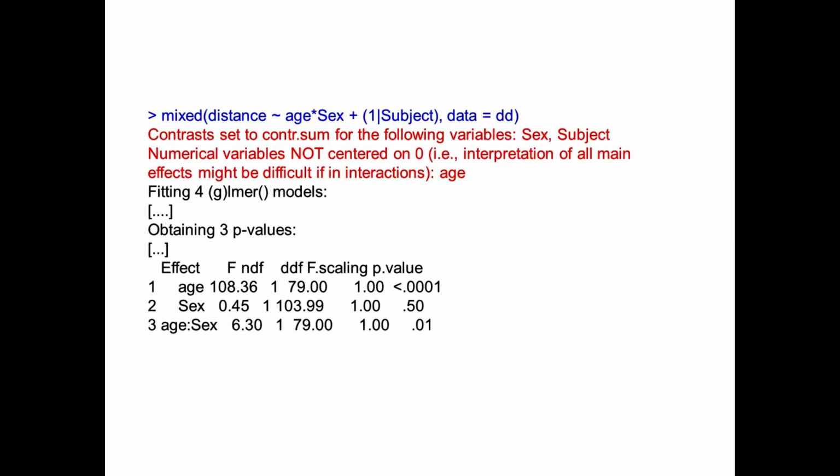So here again, we can see that there's a main effect of age, and there is this interaction between age and sex. And that was something that we couldn't see with the multiple regression model. This wasn't something that was as significant when we were using the repeated measures ANOVA. So the mixed effects model is kind of giving us that power and allowing us to find this effect.